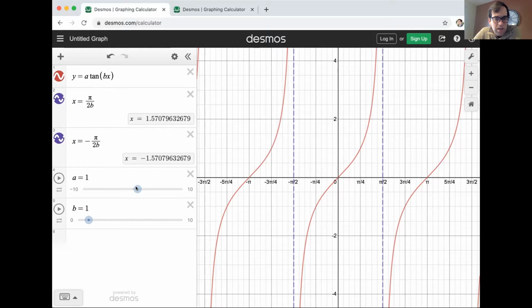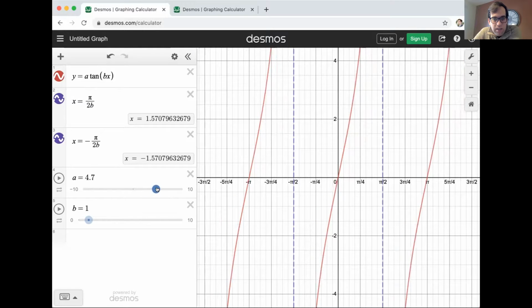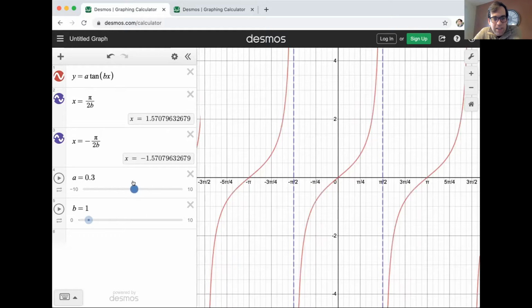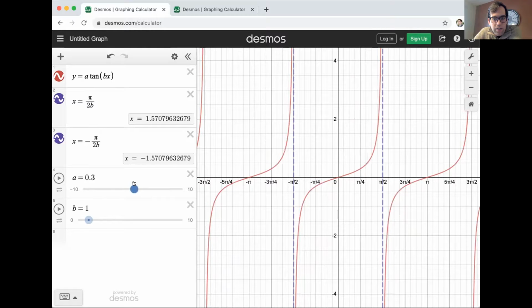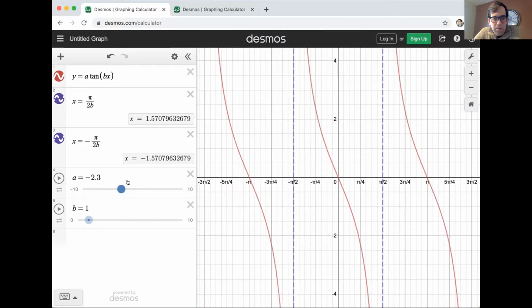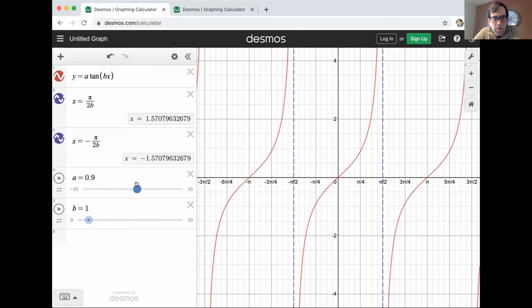I'm just going to use this slider to change A. So what happens when I change A? Take a look. As I increase the A, the graph is getting stretched vertically. As I decrease A, we're getting compressed vertically until I get to the negatives, then the whole graph flipped upside down. So again, this was the parent graph with an A of 1.